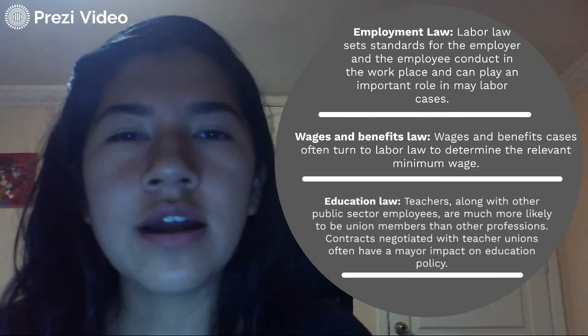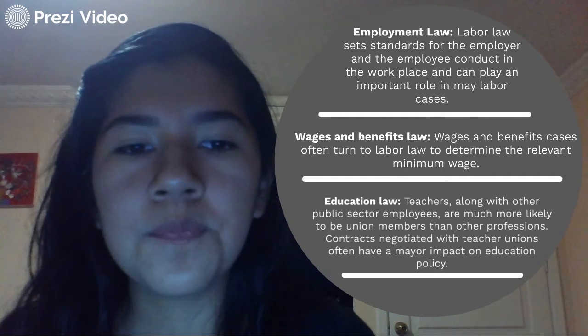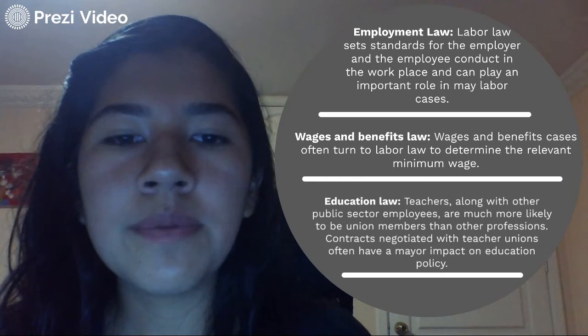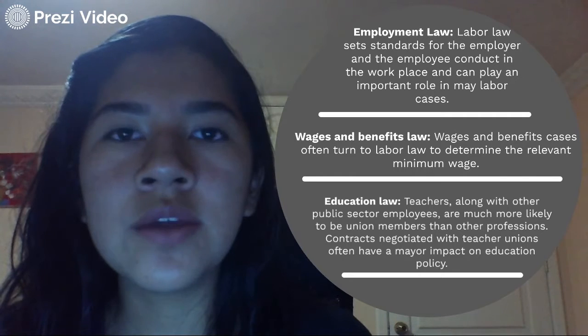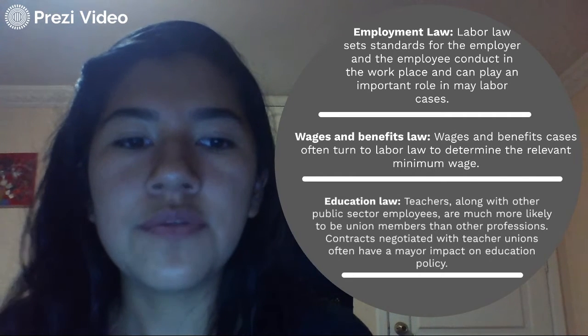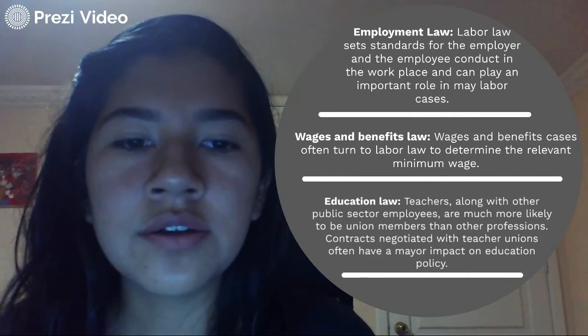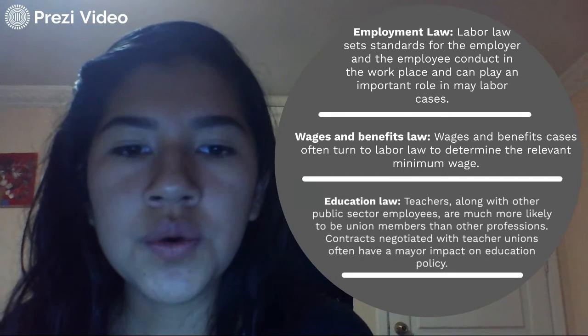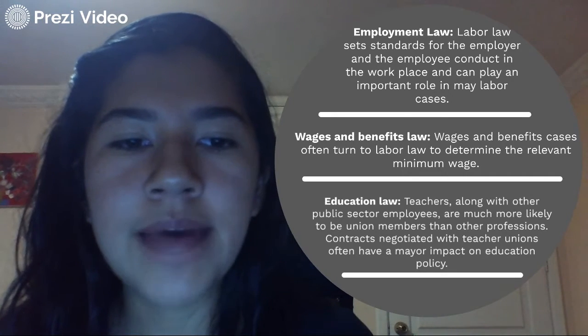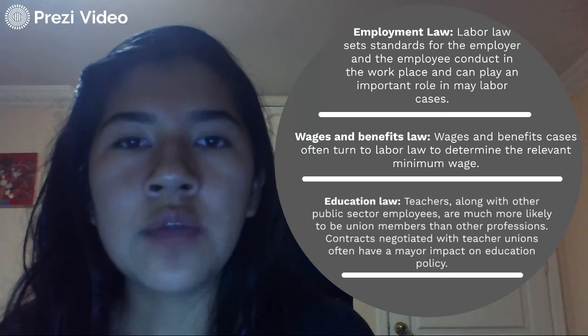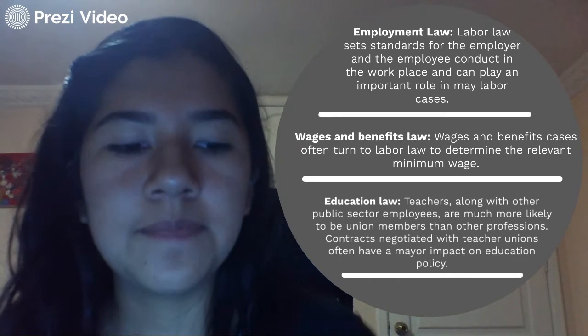The third related area is education law. Teachers, along with other public sector employees, are much more likely to be union members than other professions. Contracts negotiated with teachers' unions often have a major impact on education policy.